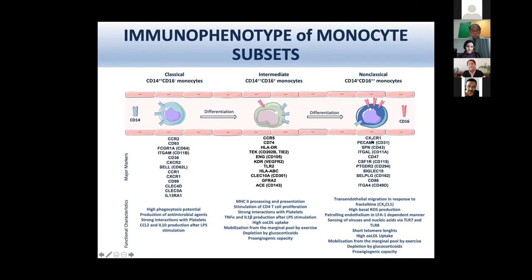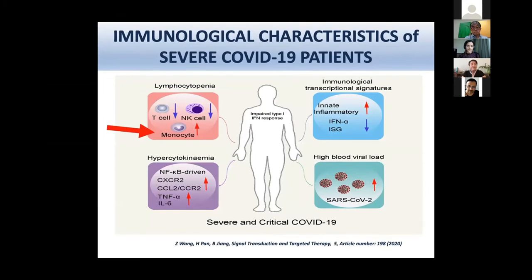These non-classical cells have high basal reactive oxygen species production. They work more for viral infections, and they mobilize from the marginal pools by exercise and activity.